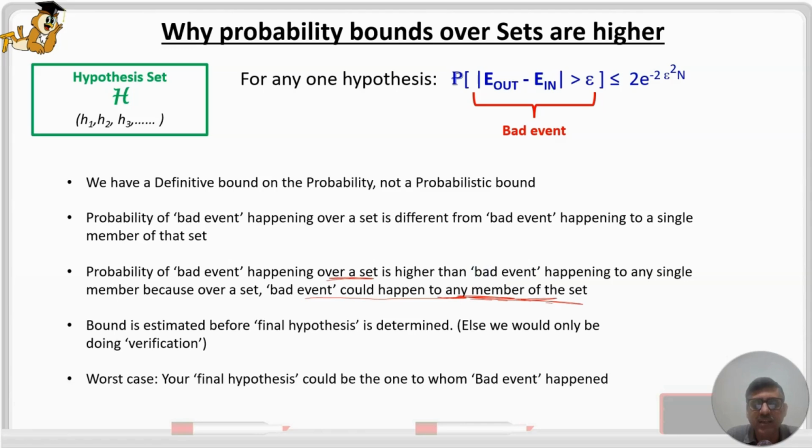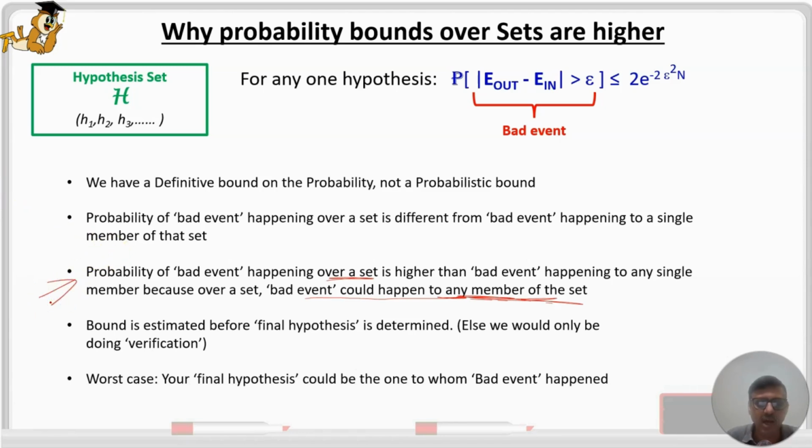And finally, your worst case is the scenario where your final hypothesis could be the one to whom the bad event happened. Okay? So again, when you're talking of a set, the bad event could happen to any member of that set, right?